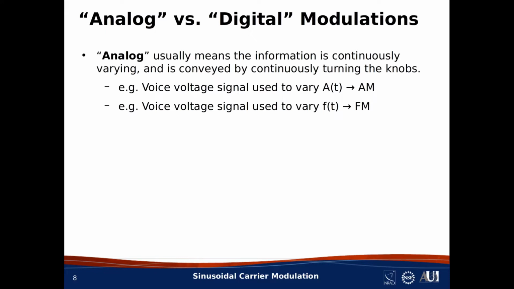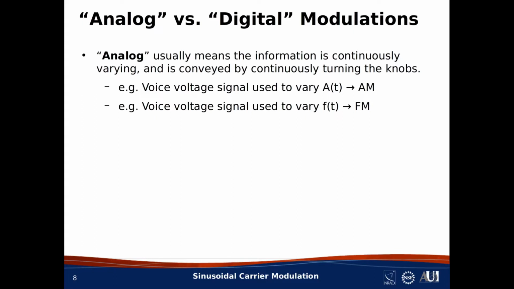So, we return to SEM and we want to make an important distinction. That is, the difference between analog and digital modulations. SEM can be either one. Analog modulation means that the information is continuously varying, and so is conveyed by continuously turning the knobs for amplitude, frequency, and phase.